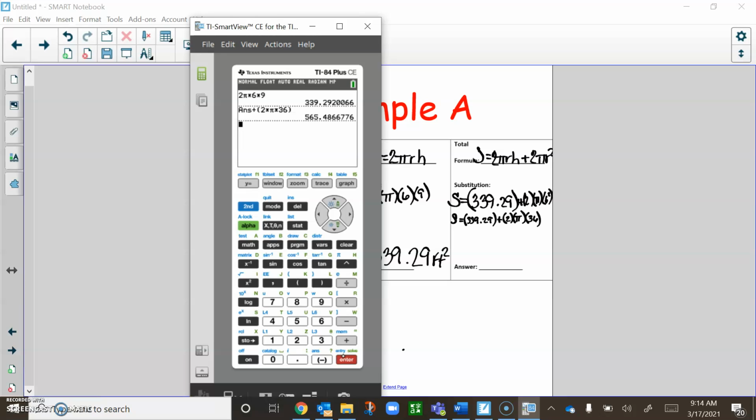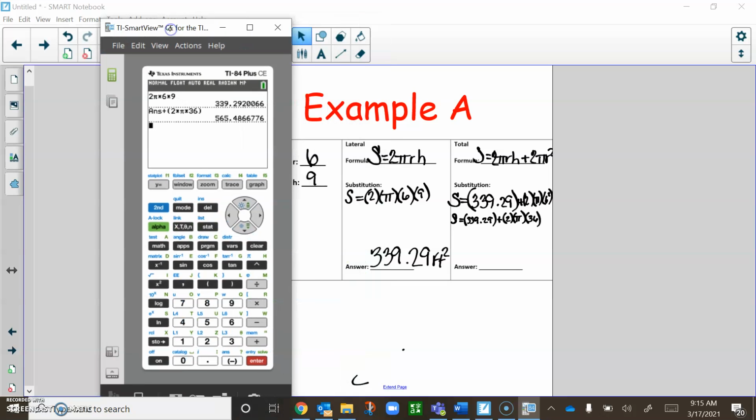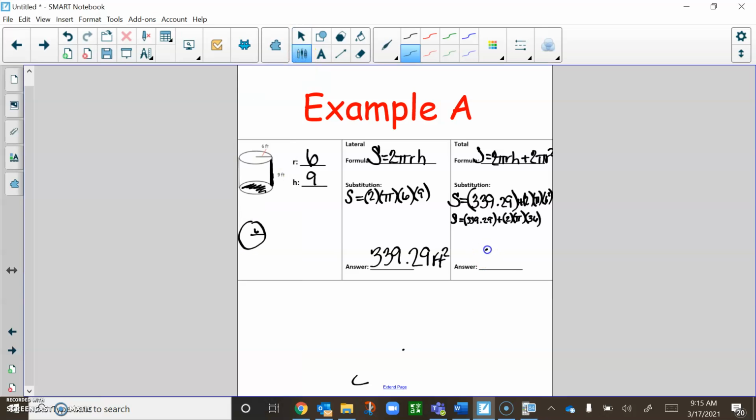And we get 565.486, and when we round that, it would be 565.49. So we're going to write our answer, 565.49. You also could just put 2 times pi times radius squared in the calculator as well.